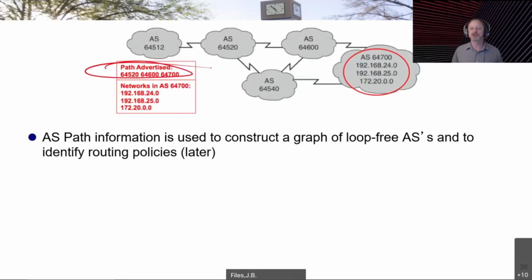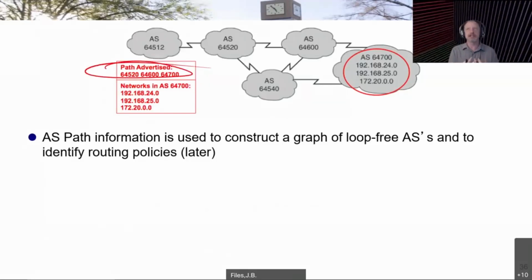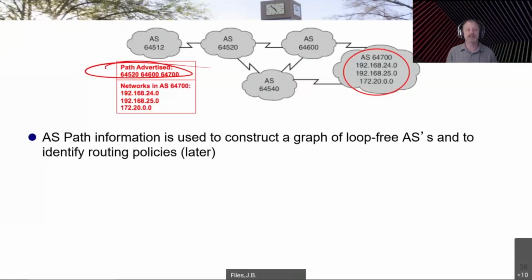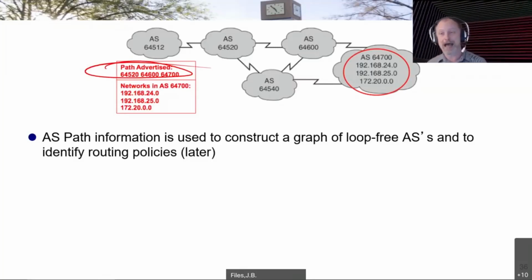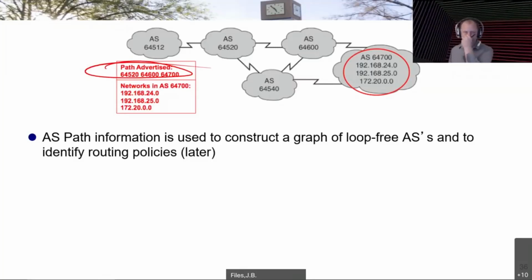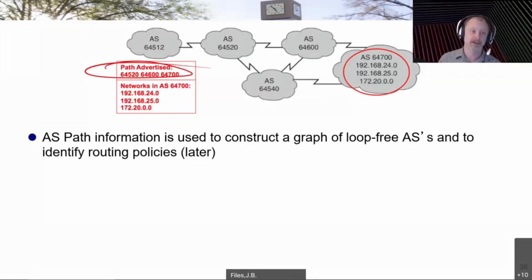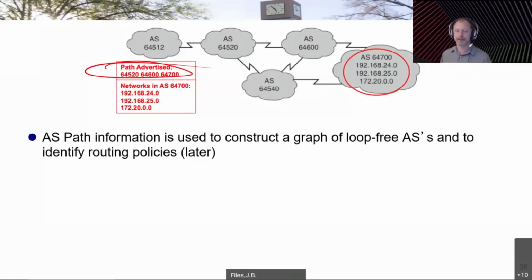All right. So this AS path is used to create that loop-free aspect. We can tell if it's loop-free because if there's an autonomous system number listed twice that is not consecutive, consecutive autonomous system numbers are fine. We'll talk more about that. Okay.